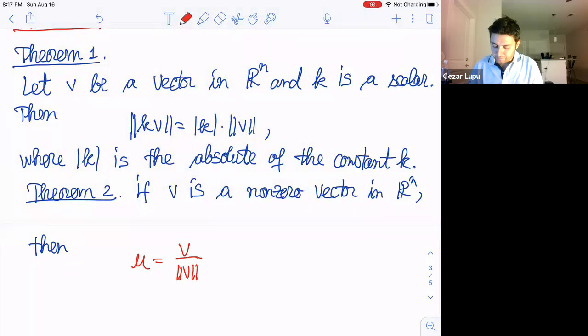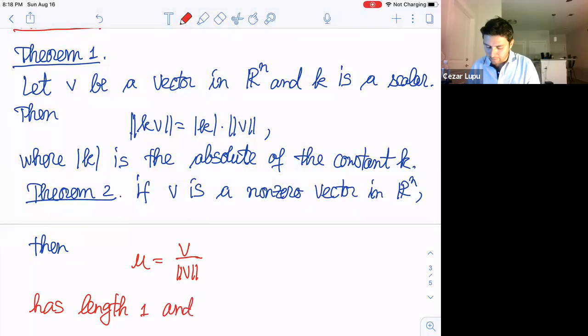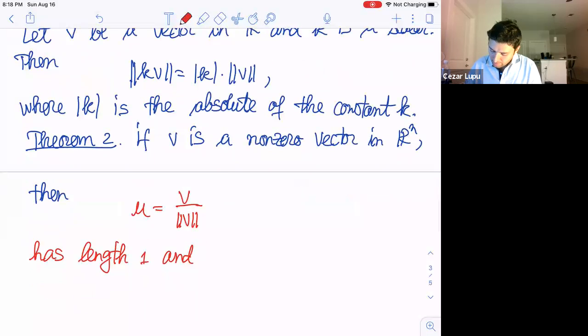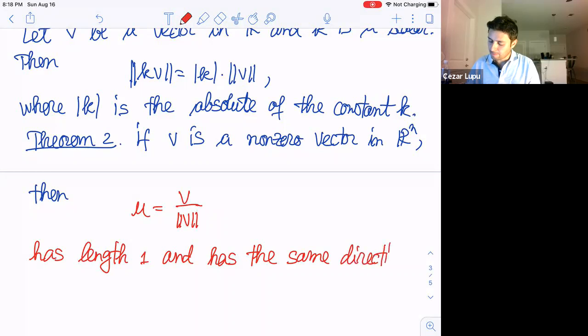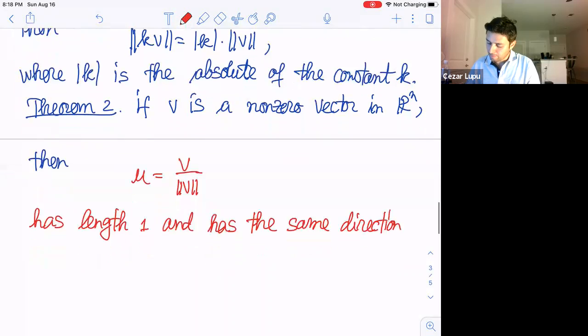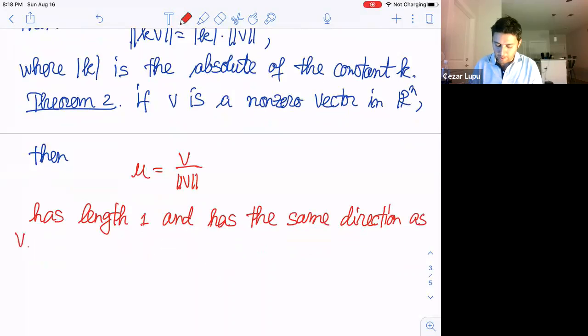This will be a unit vector, has length 1, and, this is important, has the same direction as v.